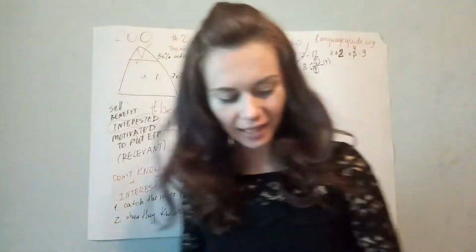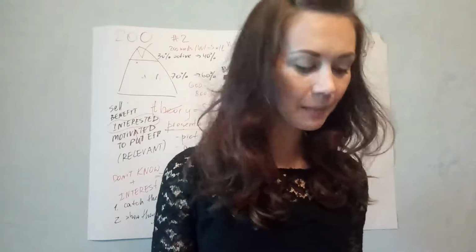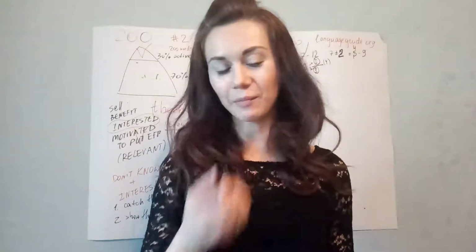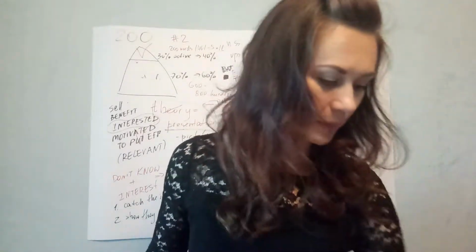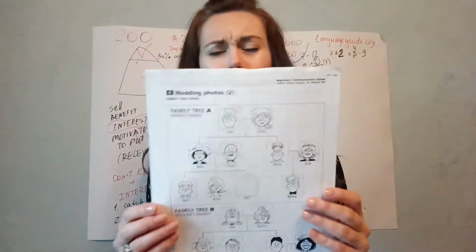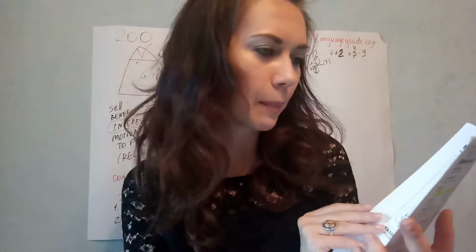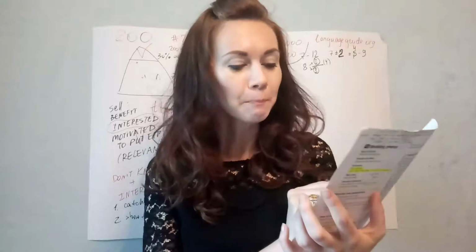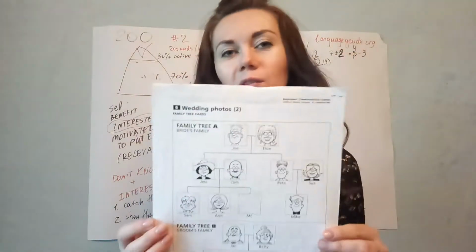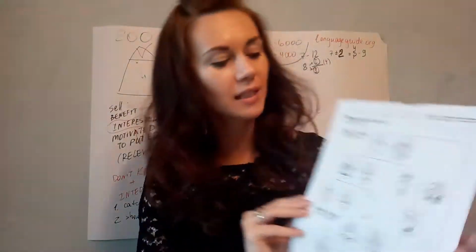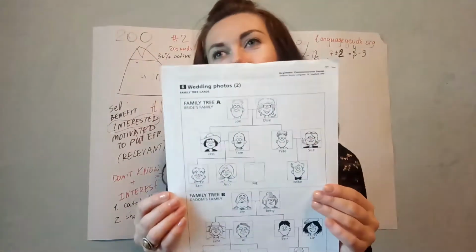About statements I will tell you a little later, but for example, this is for elementary or beginners communication games. If you have learned the family members with your beginner or elementary students, it's very nice to play this kind of game.